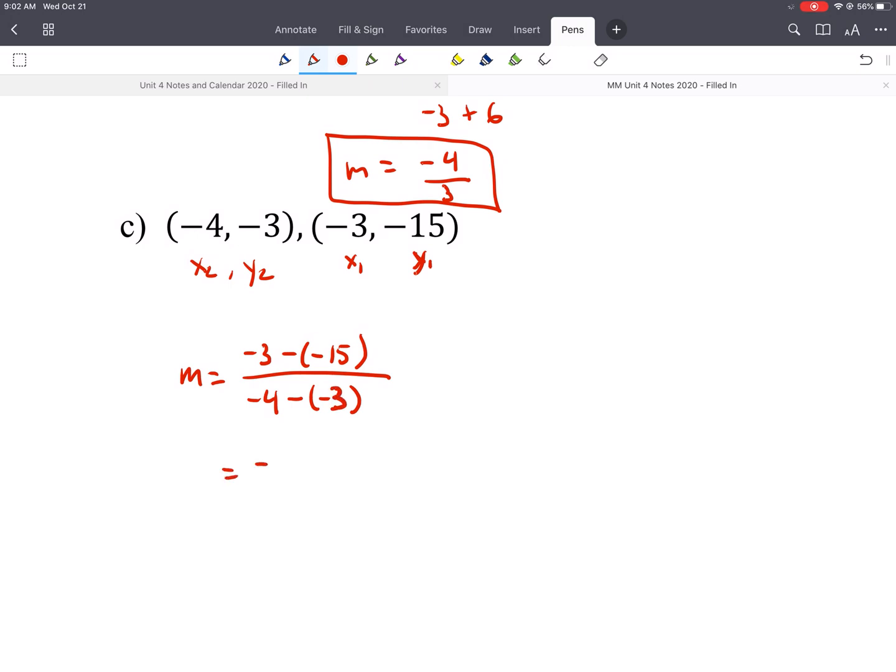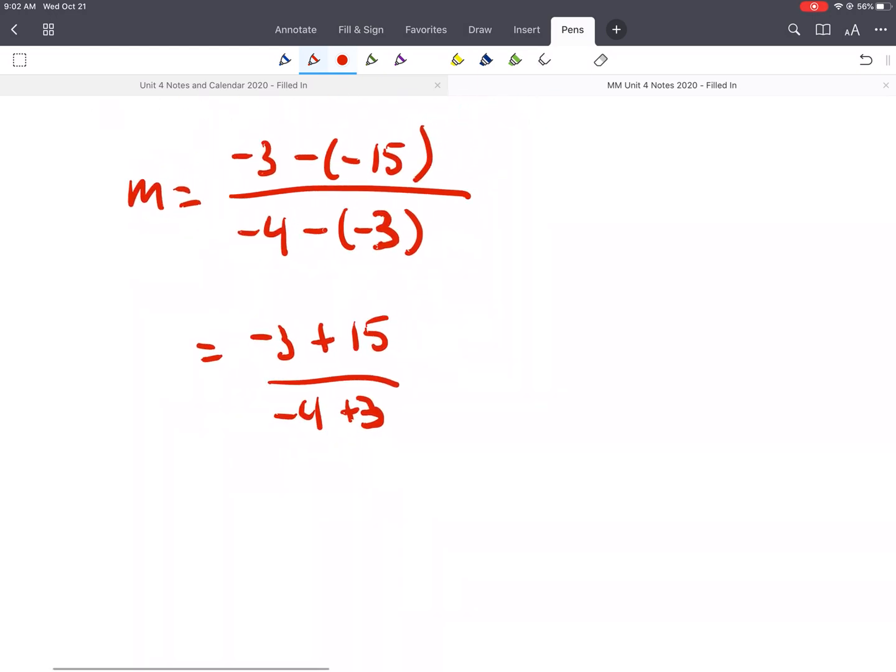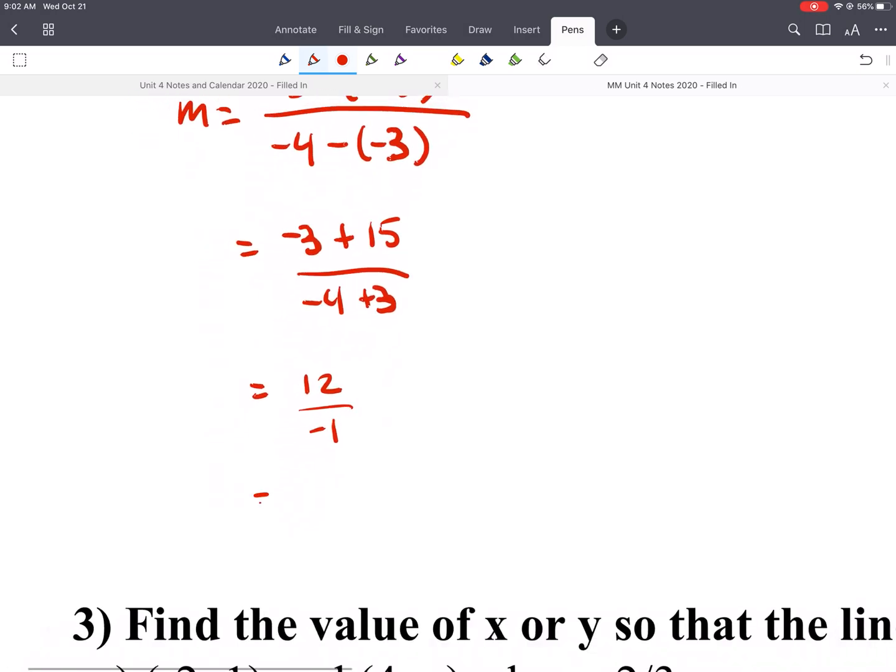That gives us negative 3 plus 15 all over negative 4 plus 3. Negative 3 plus 15 gives us positive 12, and negative 4 plus 3 gives you a negative 1. So here we end up getting a slope of negative 12.